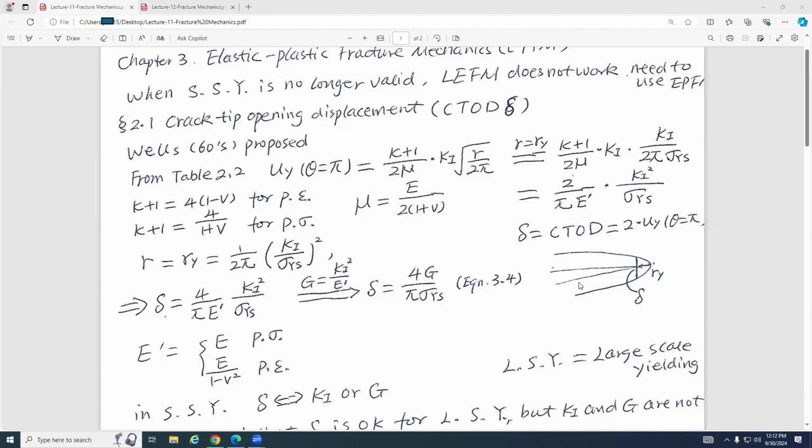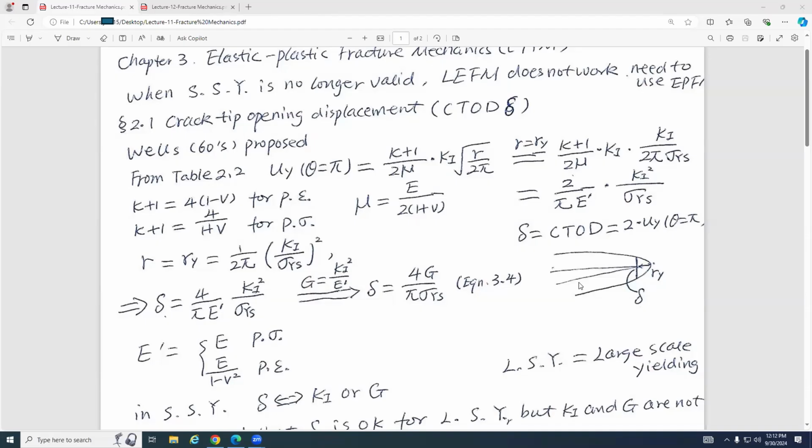You understand, Phil? So how do I get uy? This is my x, this is my y, and from here I get theta. This is theta equals pi, and this is theta equals minus pi.